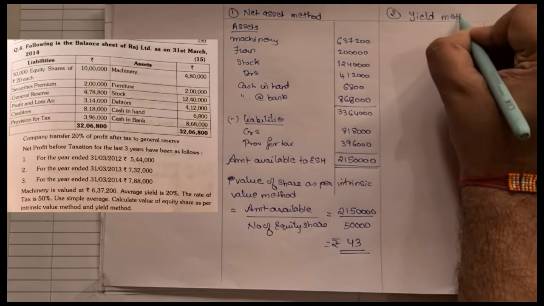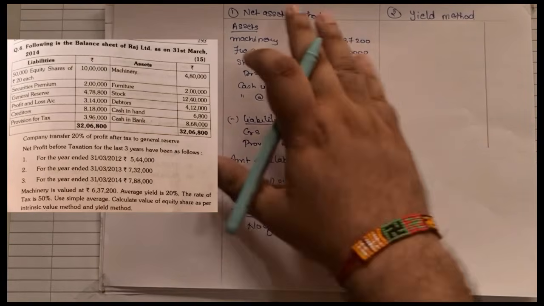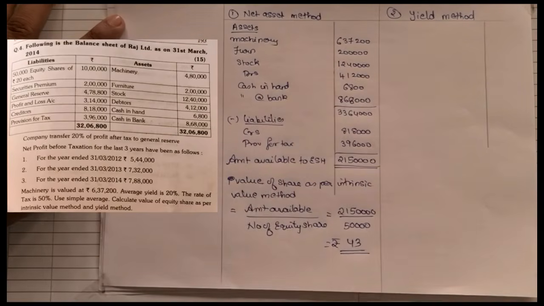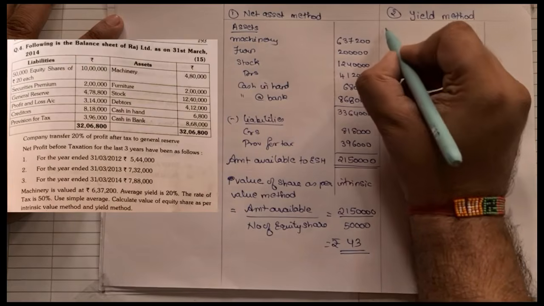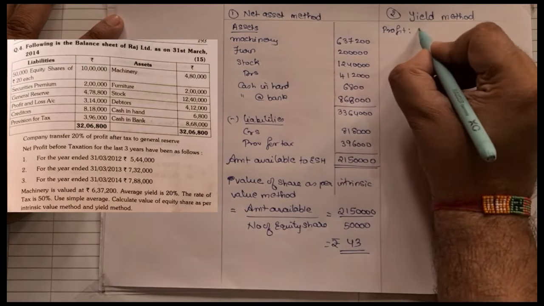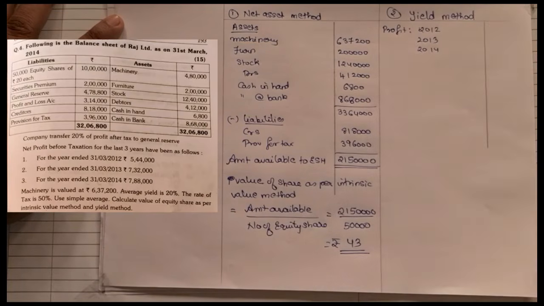So yield method. In order to find yield method, first we need to find the average profit. Now this was as per asset method, so we took asset minus liability. Now it is yield method. So for yield, the very first thing you require is average profit. For average profit, they have given you 3 years' profits in the question, for 2012, 2013, 2014.